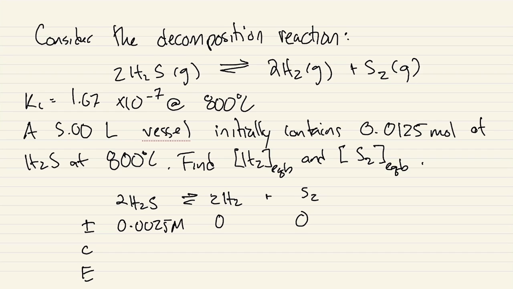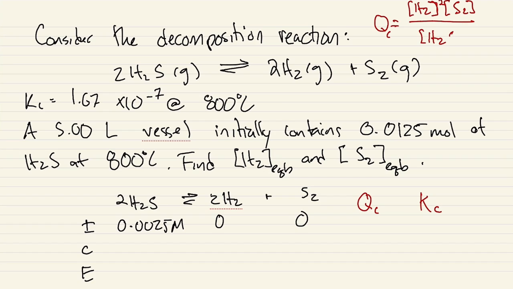The reaction quotient, right? Q. We can always look at Q if we're unsure which direction it's going to move in. So we look at how Q compares to Kc. What should Q be equal to here? 0. Because Q is equal to products over reactants, which will be our initial concentrations of H2 squared S2 over H2S squared.